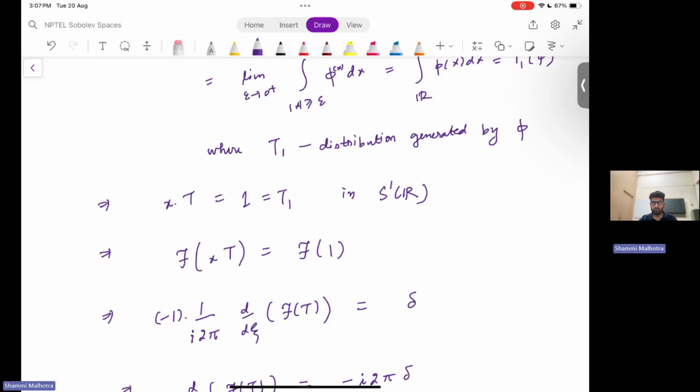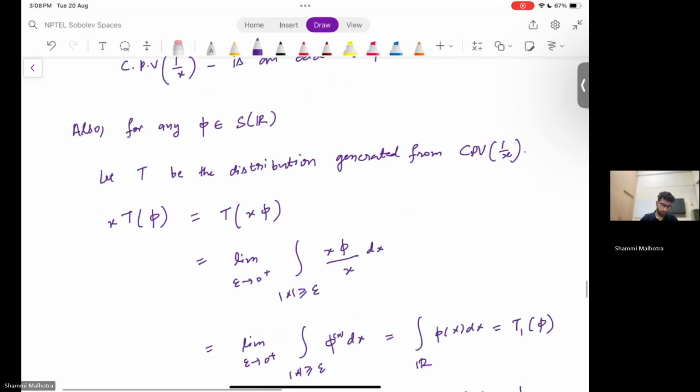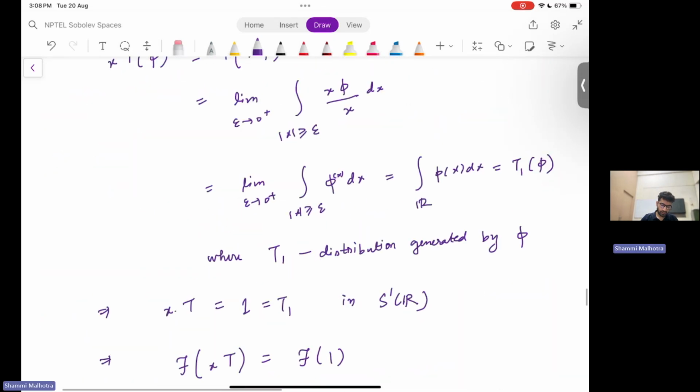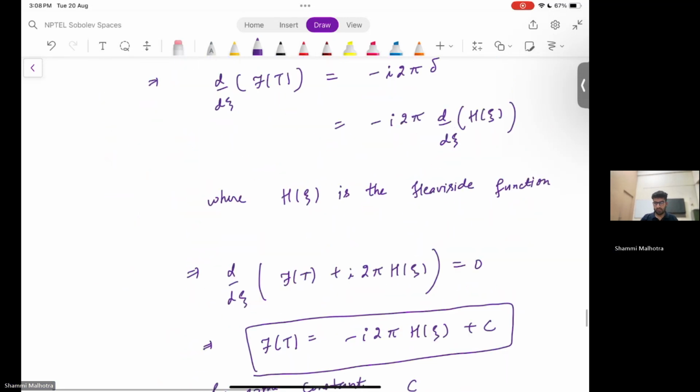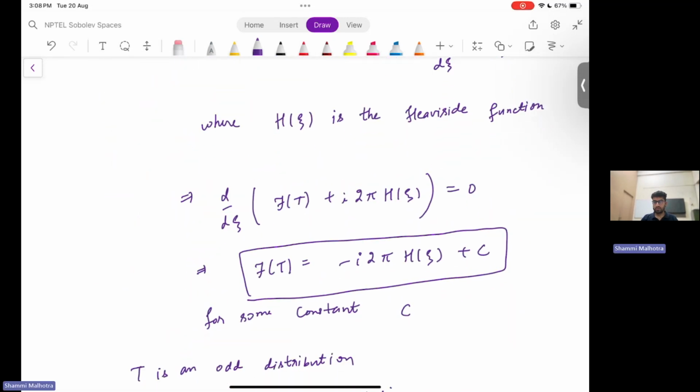Now moving on, next what we would like to do is have another partial differential equation for which we try to solve for the tempered distribution solutions, and then we see how we can associate that tempered distribution equation with its corresponding equation with respect to the Fourier transformation.